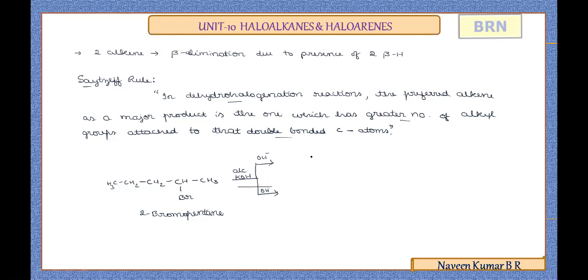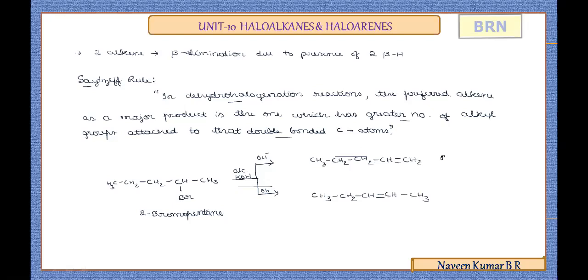One product will be CH3, CH2, CH2, CH=CH2, and another product will be CH3, CH2, CH=CH, CH3. These are the two types of products formed.